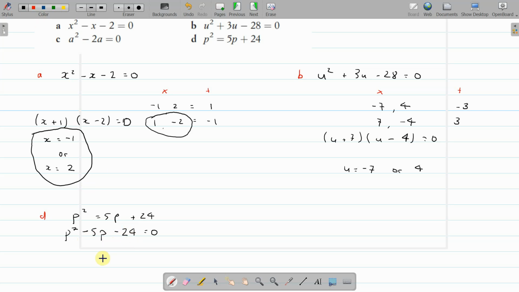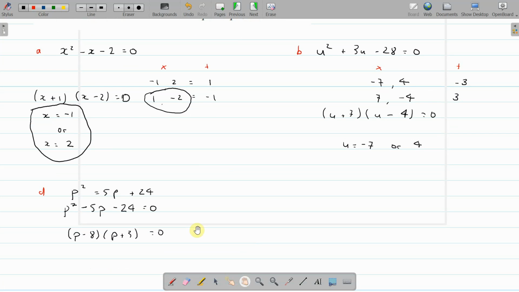Yep, minus 8 plus 3. So (p minus 8)(p plus 3) equals 0. Then we do the opposites to get the equal 0 part right. P's got to equal 8 or minus 3.